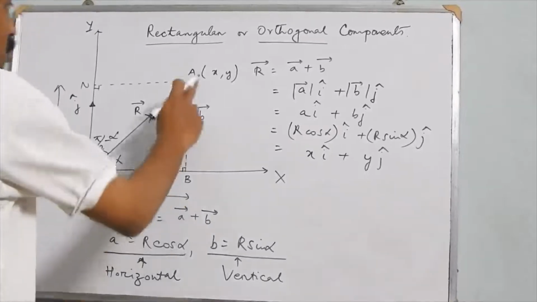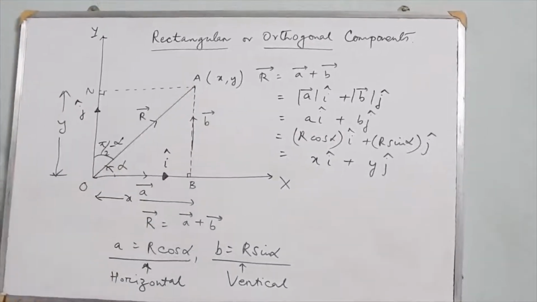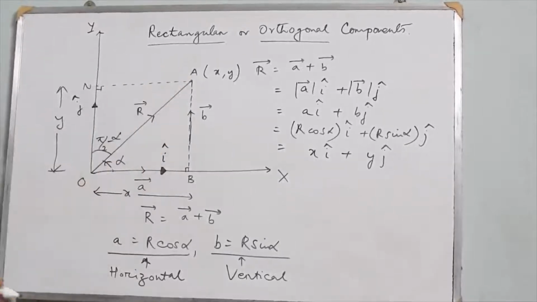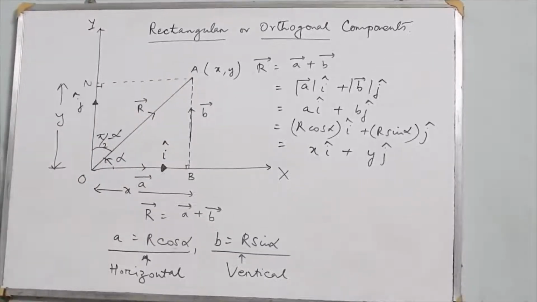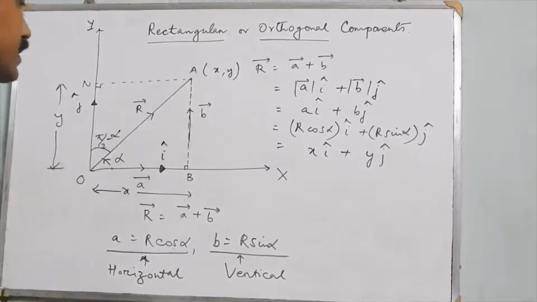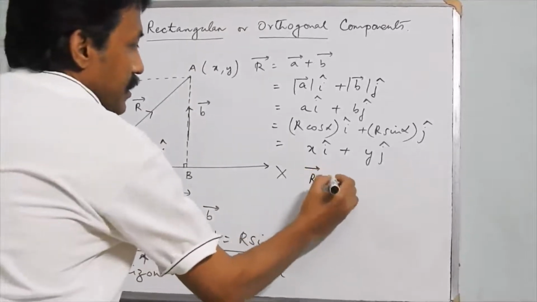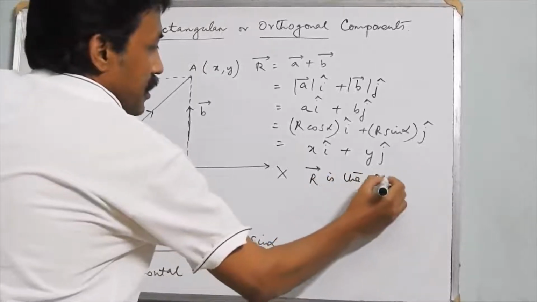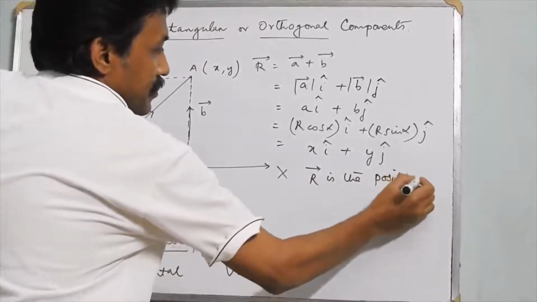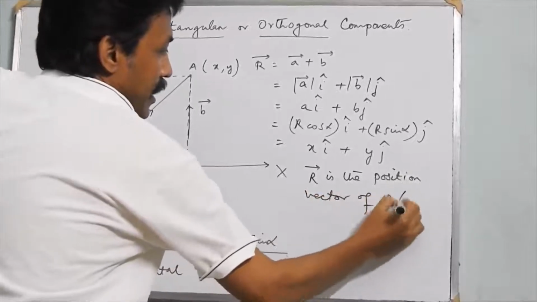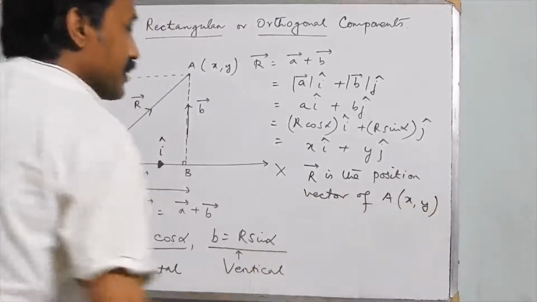So if the coordinates of any point are given, you can always define a vector which will be called the position vector of that point. So as per this diagram, I can say r vector is the position vector of the point A with coordinates x and y.